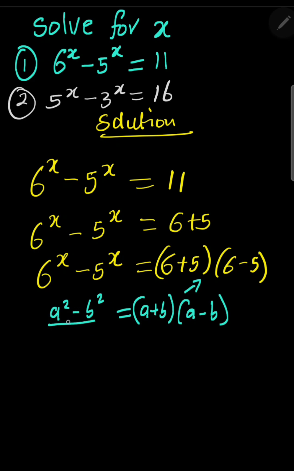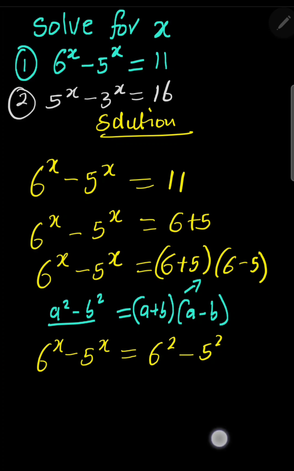So in that case, our a is going to represent 6, then b is going to represent 5. So therefore we still keep the left hand side as what? 6 to the power of x minus 5 raised to the power of x, which is going to be equal to, transform the whole of this right hand side into this form, is going to be what? 6 to the power of 2 minus 5 raised to the power of 2. So when we simplify this, we're still going to get our 11 back.